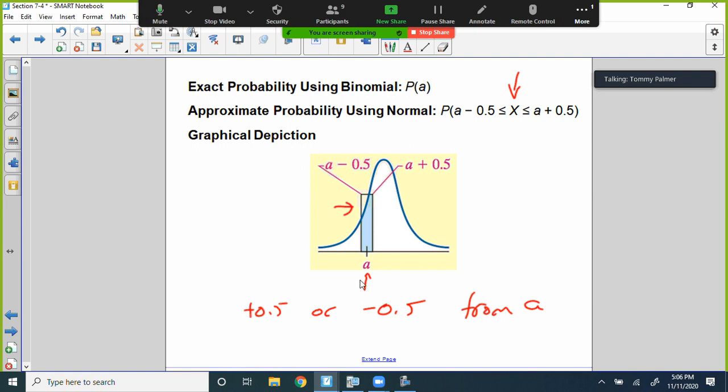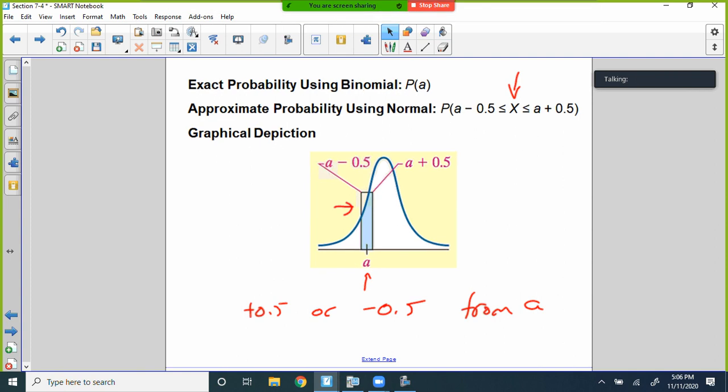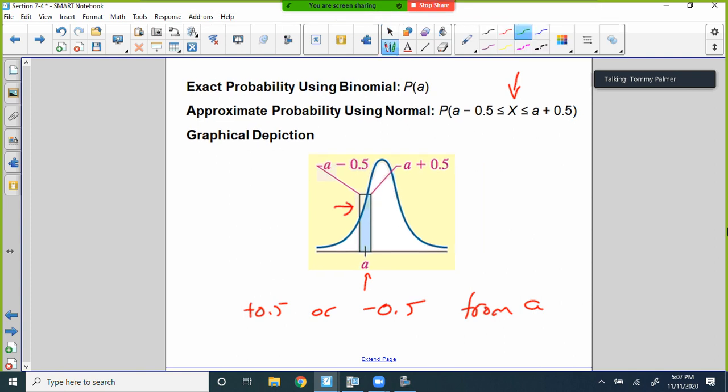Because what it's going to do now is, if we were looking at this, we'll be looking at the minus 0.5 of that, and then the plus 0.5 of that, right? So, for example, let's kind of erase that, and I'll show you what I'm talking about.